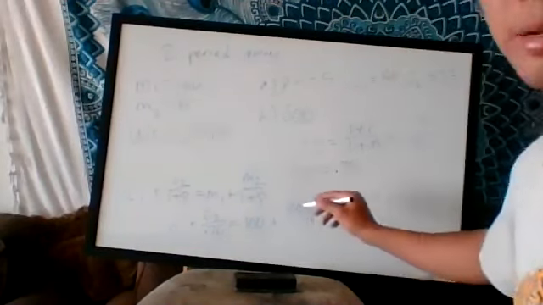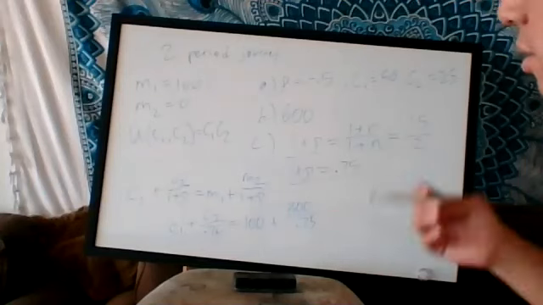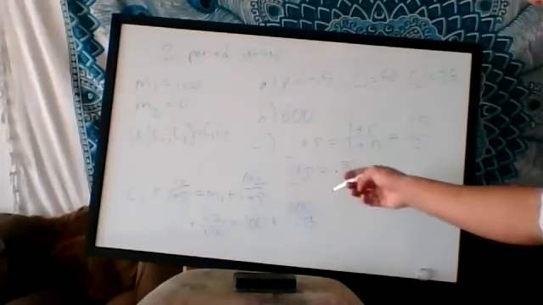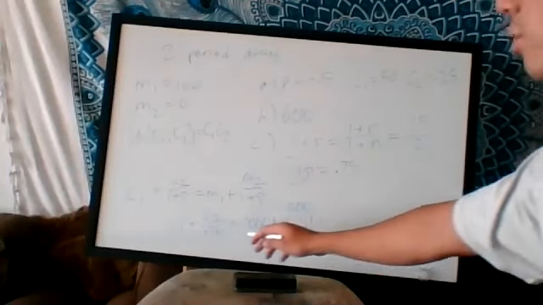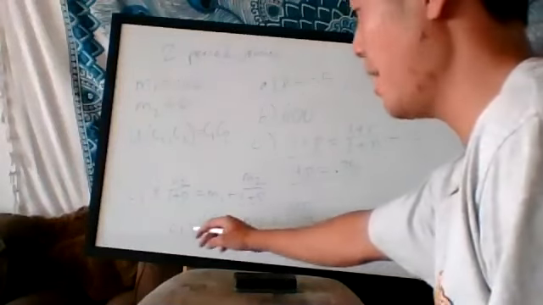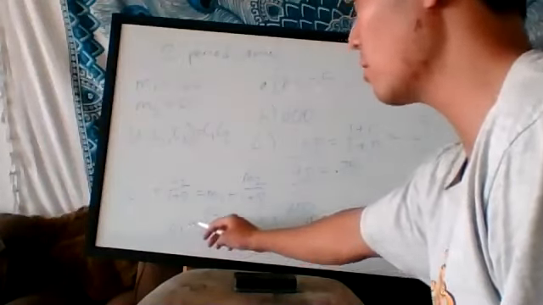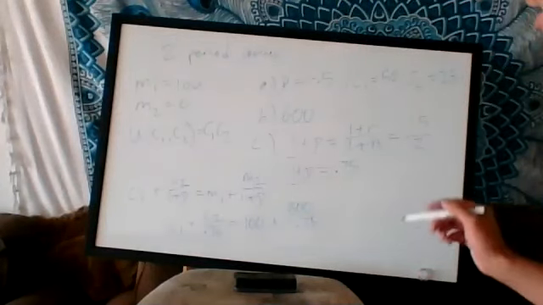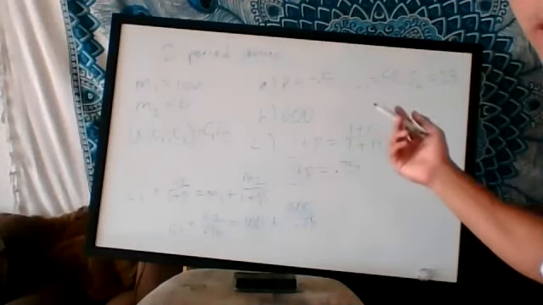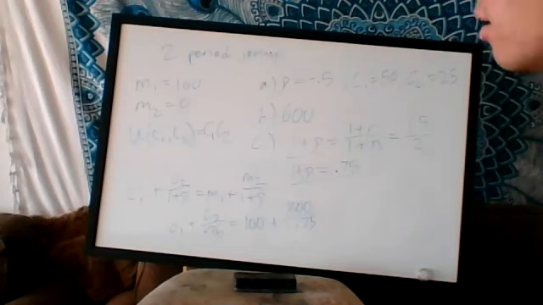Because remember in part B, we said that they were stealing 300 bags in period 2. And so now we have a budget constraint that looks like this, where we only need to fill in the values of C1 and C2, like in part A that we did.